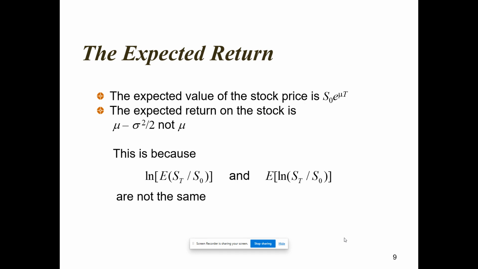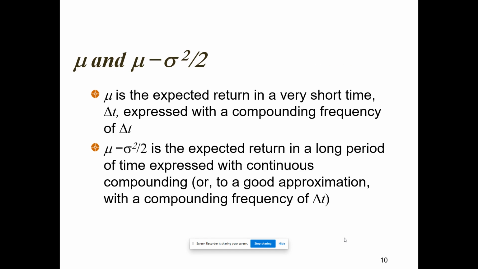Because the log of the expected price of ST by S0 and the expected value of the log of ST by S0 are not the same. So mu is the expected return in a very short time, delta t, expressed with compounding frequency of delta t. And mu minus sigma squared by 2 is the expected return over a long period of time with continuous compounding.